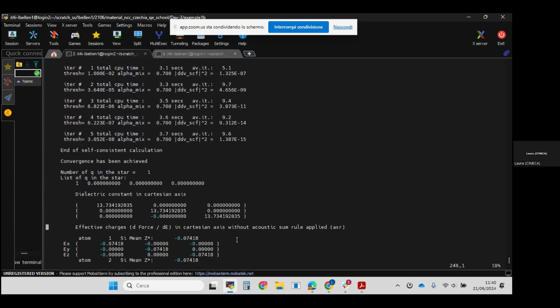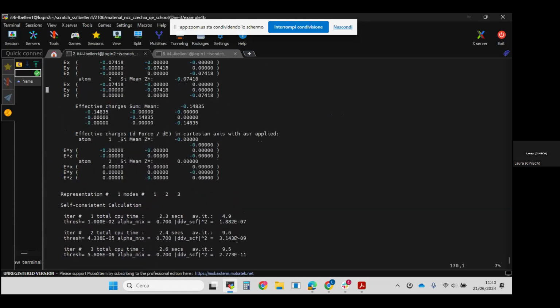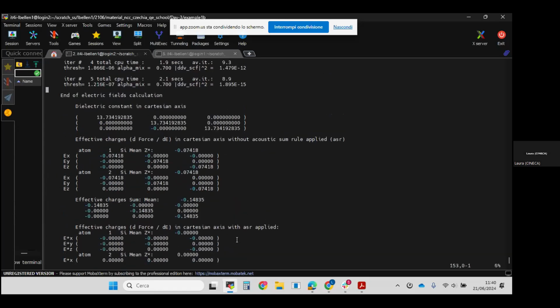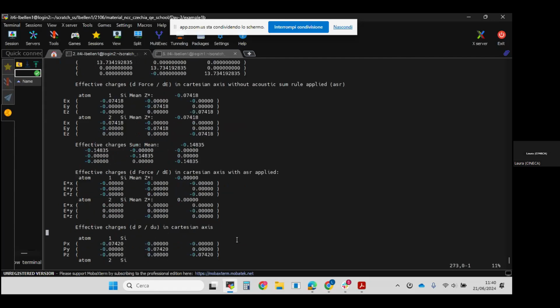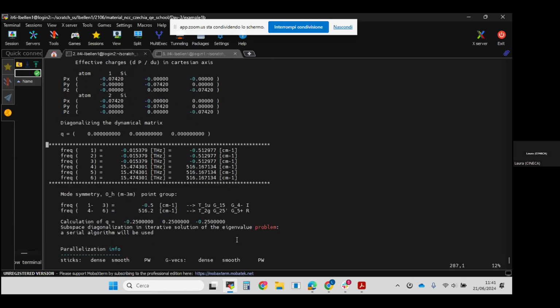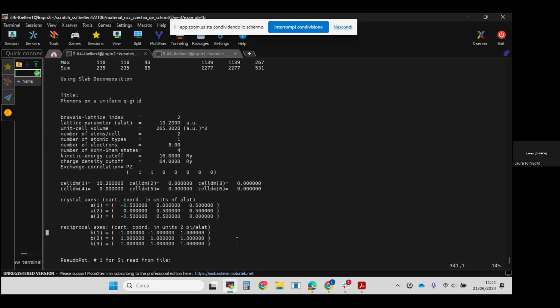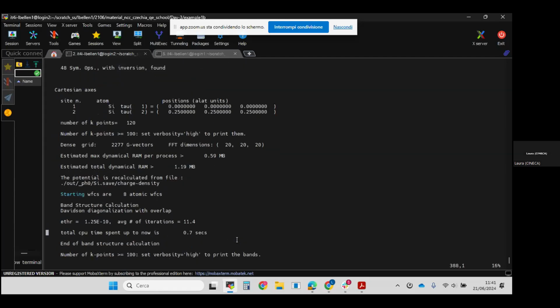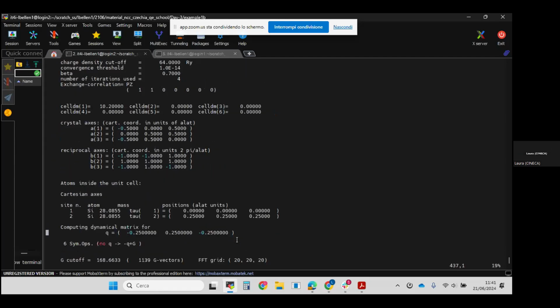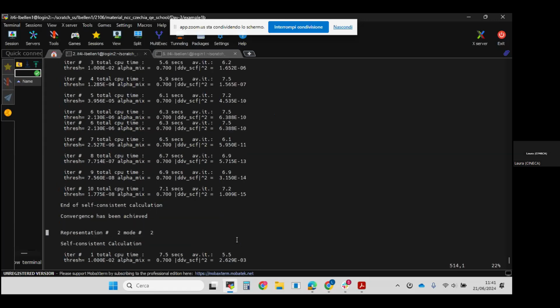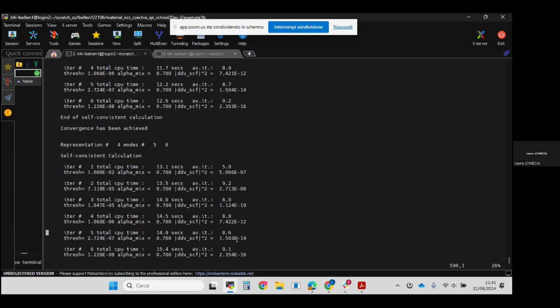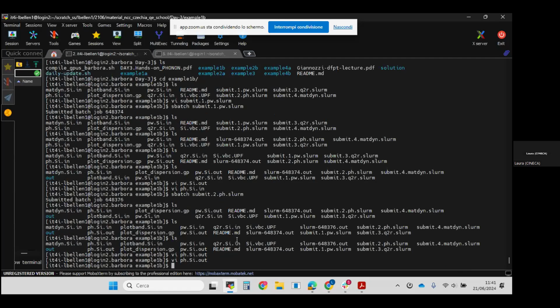This will take a little bit longer because for each Q point, it will compute the dynamical matrix one by one. For example, this is the first Q point with the two irreducible representations, and then it diagonalizes the dynamical matrix in order to compute the phonon frequencies, and then it will repeat the same calculation for the second Q point, which has a different number of irreducible representations, and so on, up to computing the dynamical matrices for all the Q points.